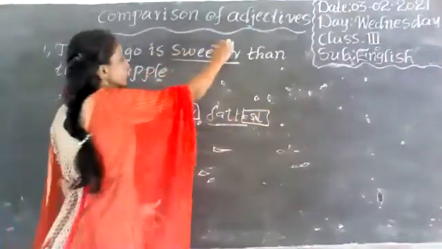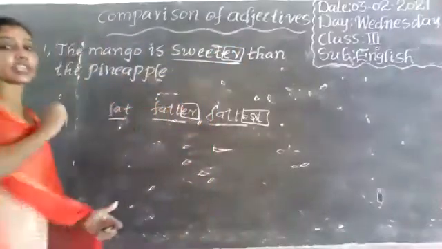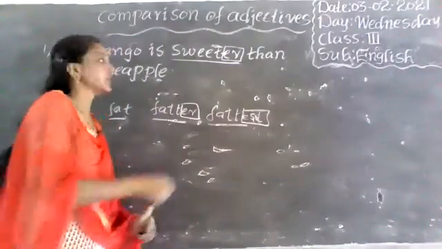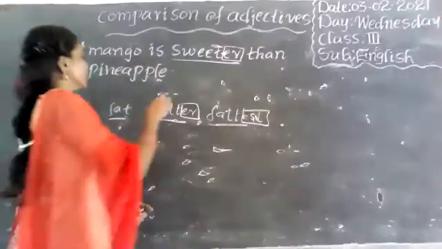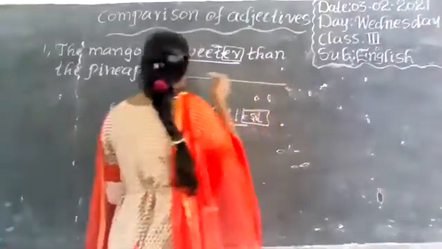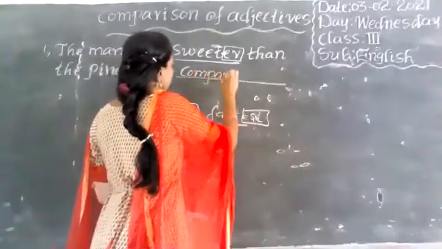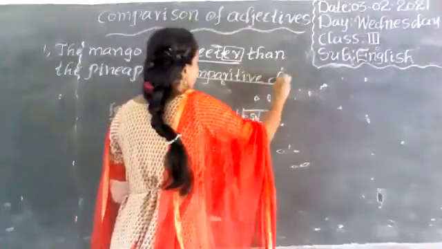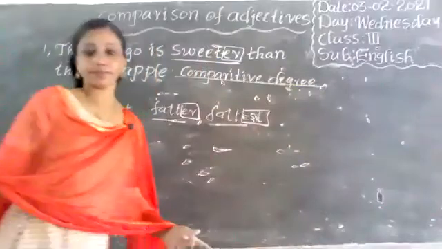If er is added to the adjective, that means the sentence belongs to comparative degree. You should write comparative degree. You understand? Yes.